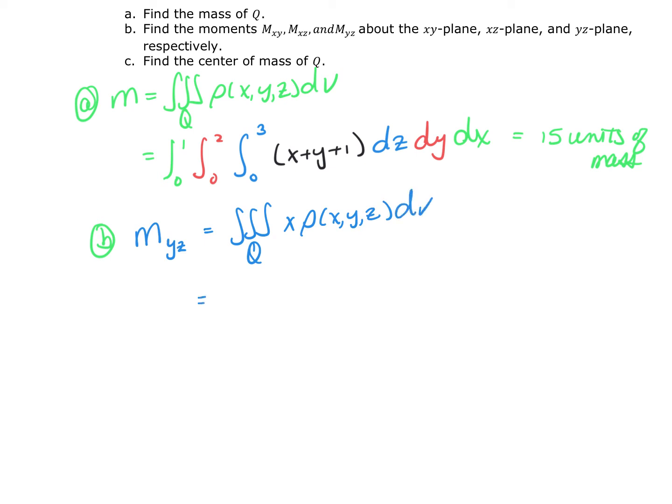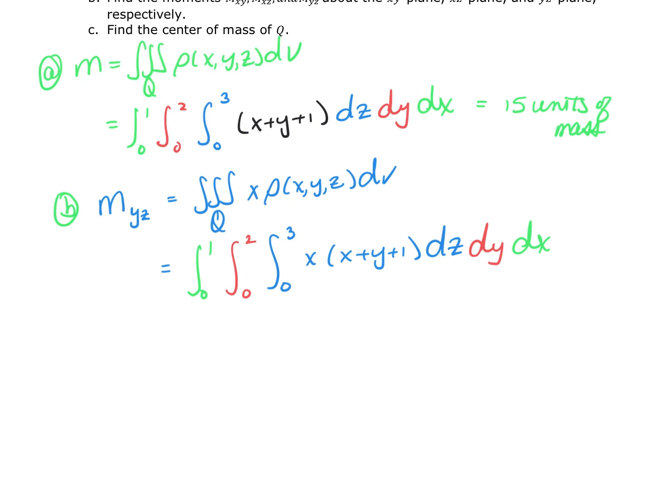So this is going to be equal to, I'll do my x's last, from 0 to 1. I'll do my y's second, and I will do my z's first. So this ends up becoming x plus y plus 1, dz, dy, and dx. Again, this should not be any surprise. I think we've got rid of the worst stuff. That gives me 8.